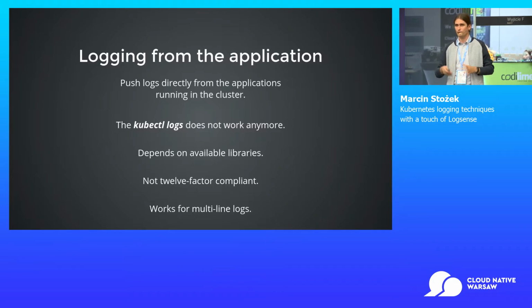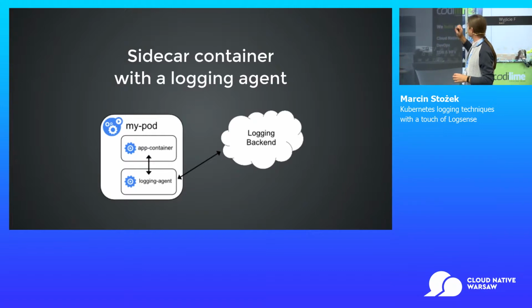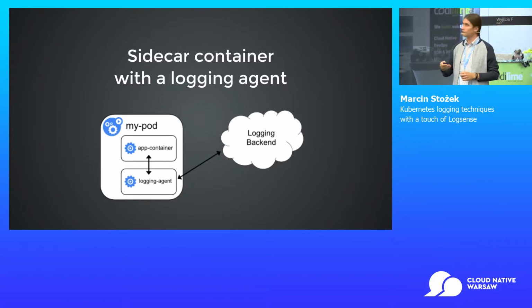There is another form of this, which is a sidecar container with a logging agent. This is almost the same, but the scenario in here is that we have an application which cannot have these libraries added. So how do we do that?